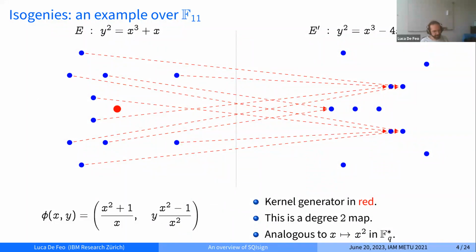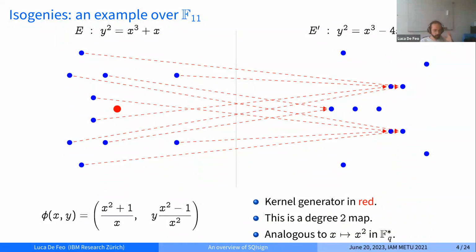Well, this is not entirely obvious because these maps are singular at infinity, so they just don't give any results. So we formally just say that the point at infinity is sent to the point at infinity. But it's not too difficult to check that this is a map with finite kernel, and the finite kernel is just defined by those points that make the denominators go to 0. So the only kernel point is the point that is pictured in red now on the left.